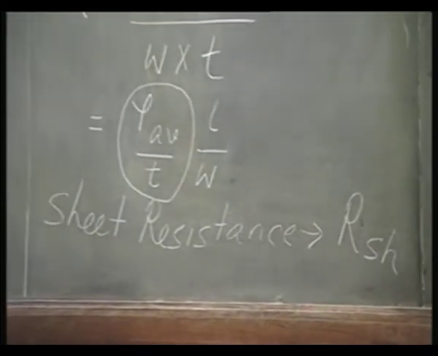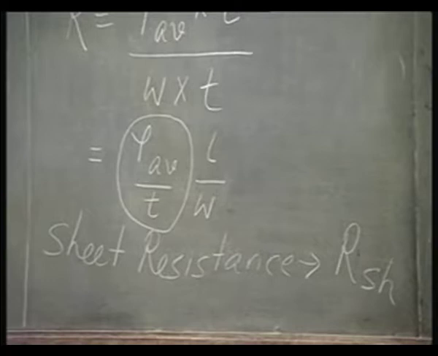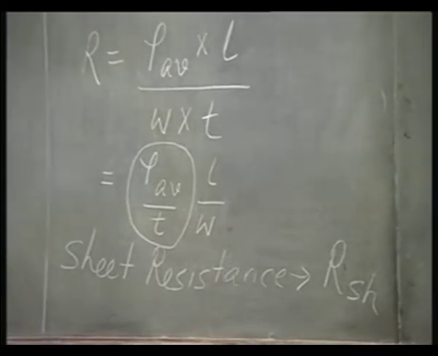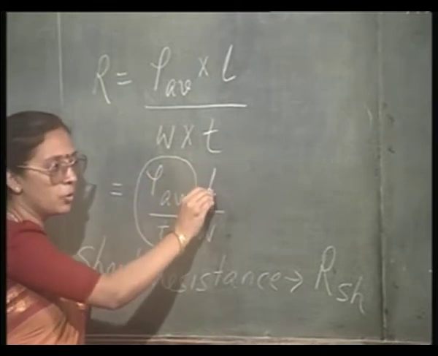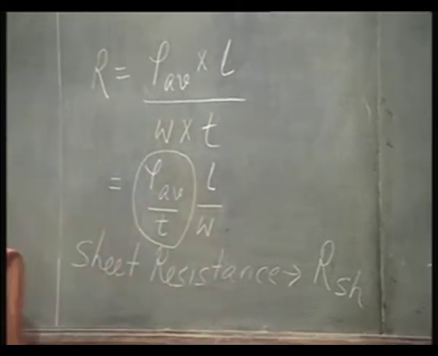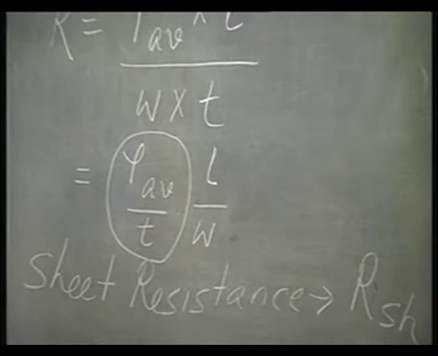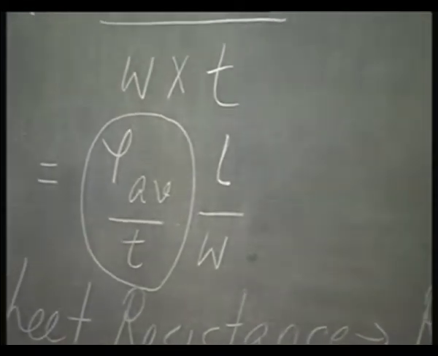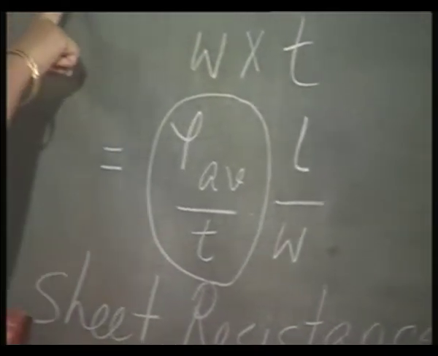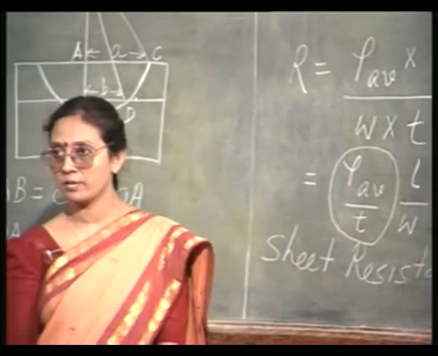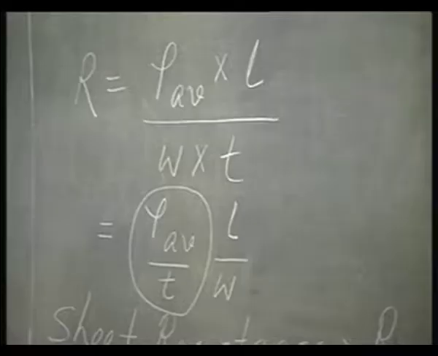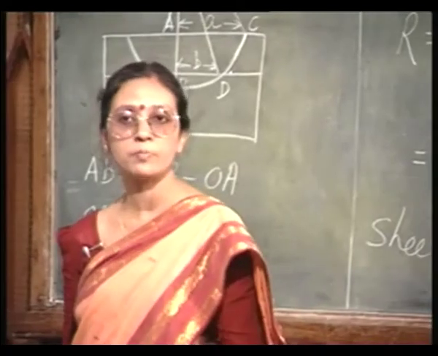Sheet resistance, what is the unit of sheet resistance? It is ohms per square. That is, if I take both L and W to be equal, that is I am measuring in a square, then the unit of resistance is ohms. So, it is ohms per square. That is the unit of the sheet resistance, ohms per square, and sheet resistance is a very important parameter.